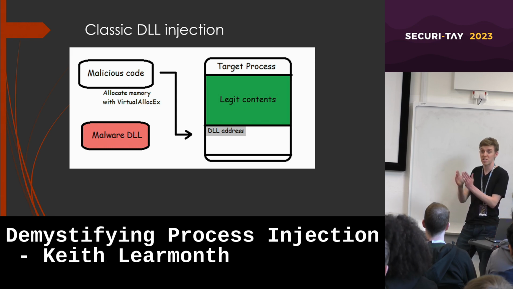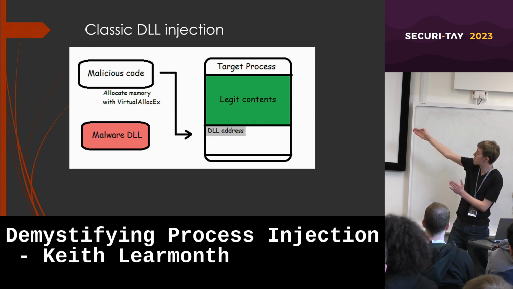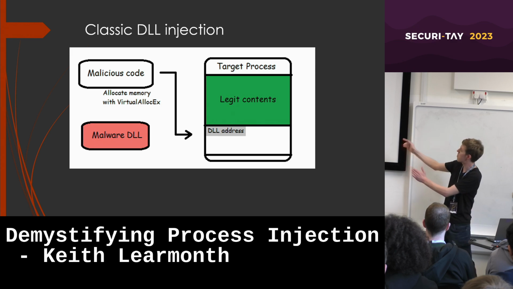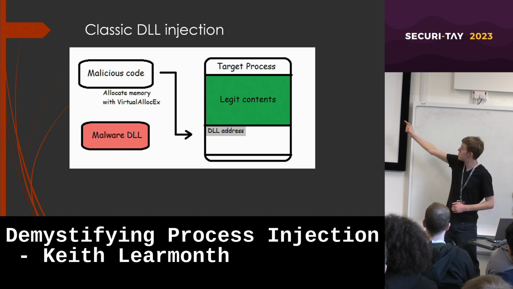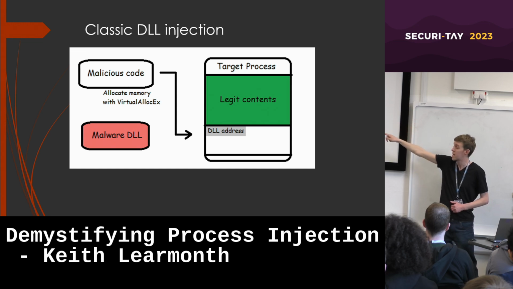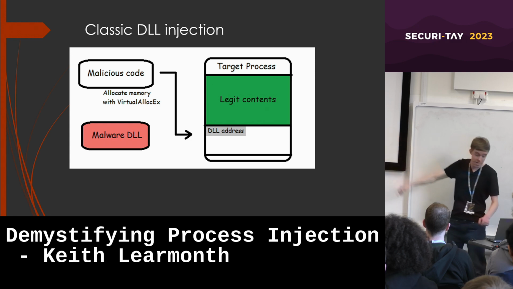This is a function that just allocates a chunk of memory. Now, if you have opened the process successfully, you can allocate a remote chunk of memory in the target process. What you do with this is you allocate a chunk of memory big enough for the address of your DLL. Wherever your DLL is in memory, you put that address into the process.